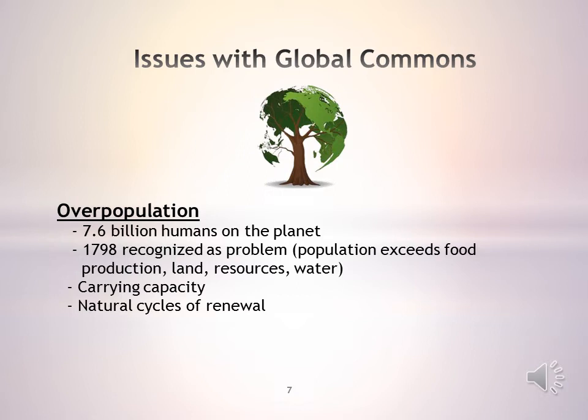The policy was updated to a two-child policy in 2015. So the birth rates have gone up, the ratio is changing, but there is an entire generation of people born between 1980 and 2015 that are going to have to deal with the repercussions of the one-child policy.